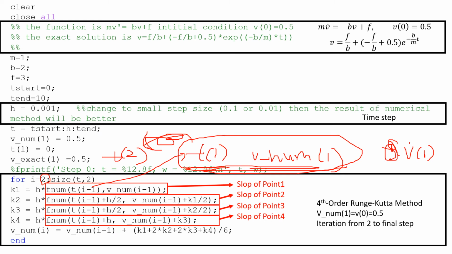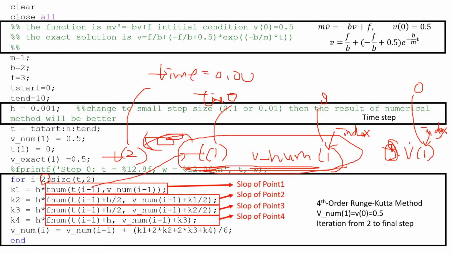Be careful, this is the index. This is an index, and this is also an index. It is not the actual time. The actual time for t1 is 0, and this is also 0. For t2, the interval is 0.001, so the actual time will be 0.001.